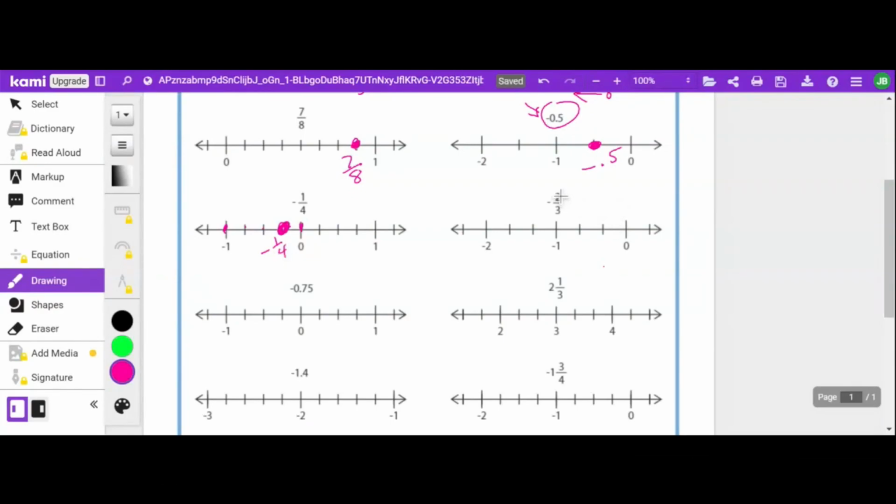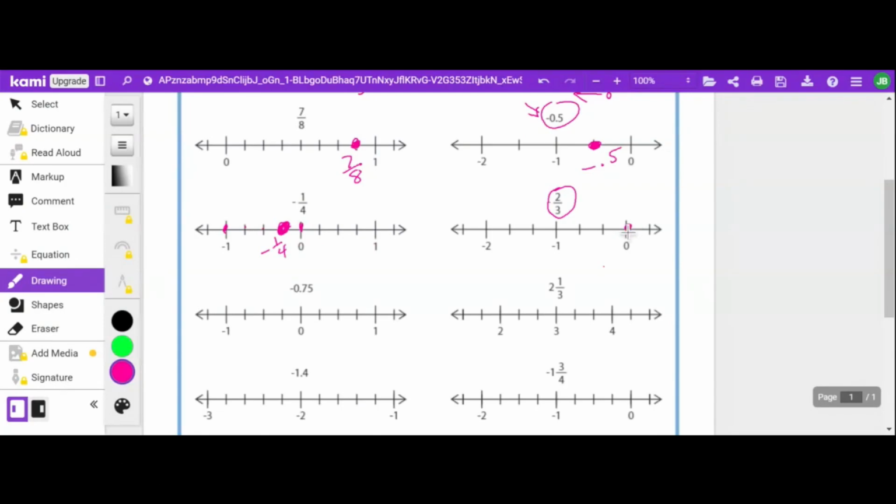Look at the next one. Negative 2/3. Our hash marks are marked off in 1/3, 2/3, 3/3. We're at negative 2/3. I'm going to start at 0. Am I going to move left or right? Okay, correct, because we are negative, we're moving to the left.